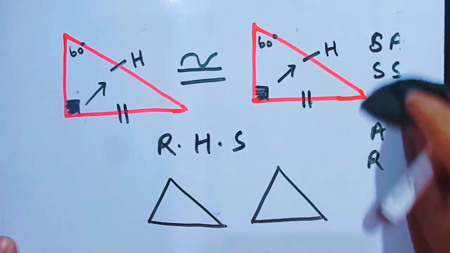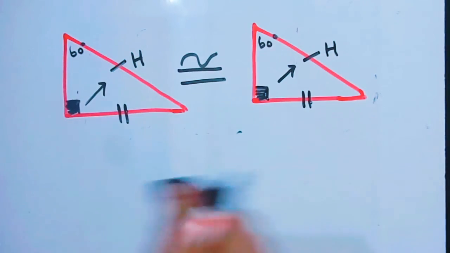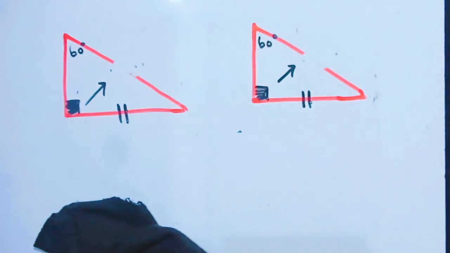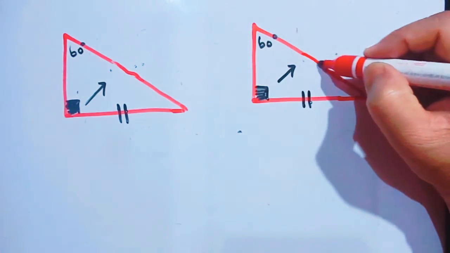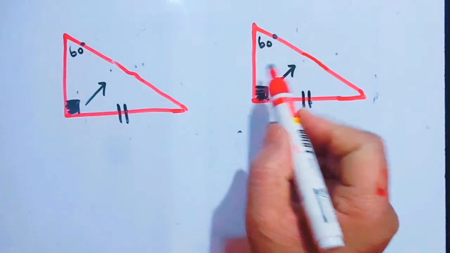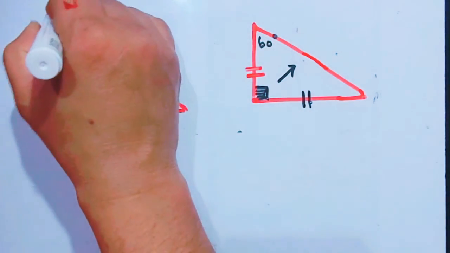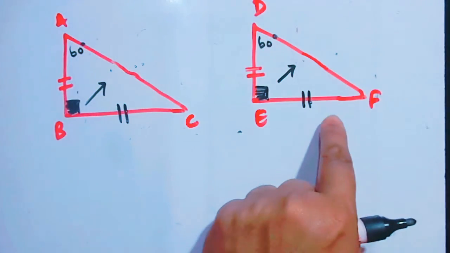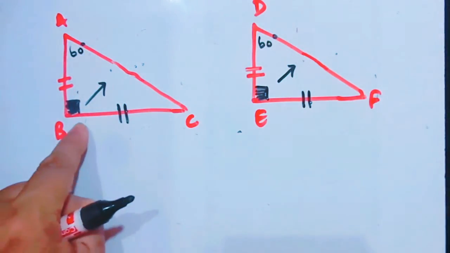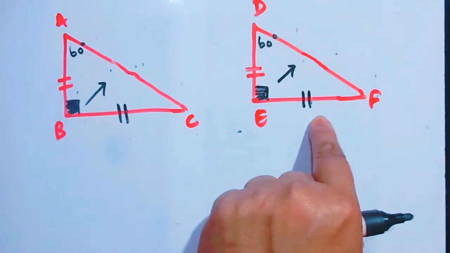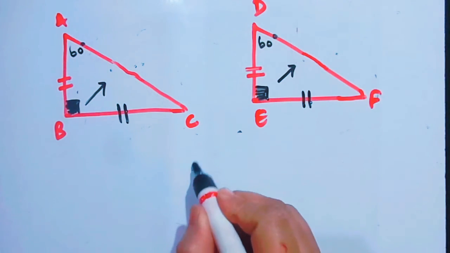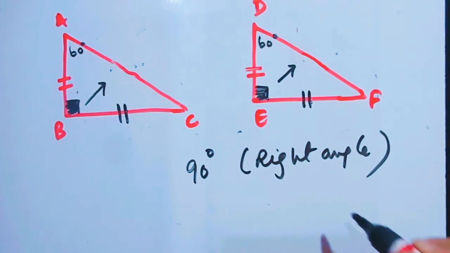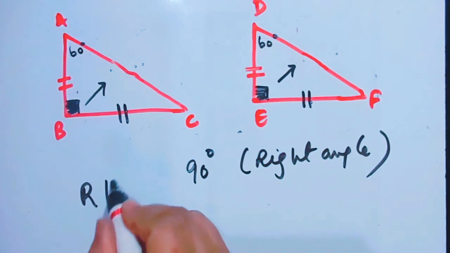Okay, for example, in this particular sum, if the hypotenuse here is not given as equal, and they say that in these two right angle triangles ABC and DEF, AB is equal to DE, angle B is equal to 90 degree and BC is equal to EF, then as soon as the kids see that they have got 90 degree, that is right angle, the only thing that flashes in their brain is RHS, right angle hypotenuse side.